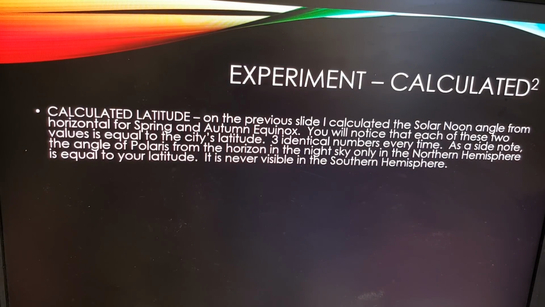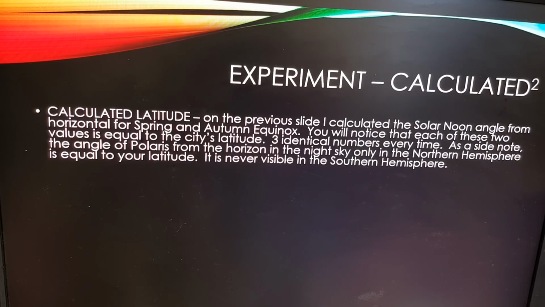Also make note that the star Polaris, which everybody knows as the pole star, North Star, the angle of Polaris from the horizon in the night sky only in the northern hemisphere is also equal to your latitude.